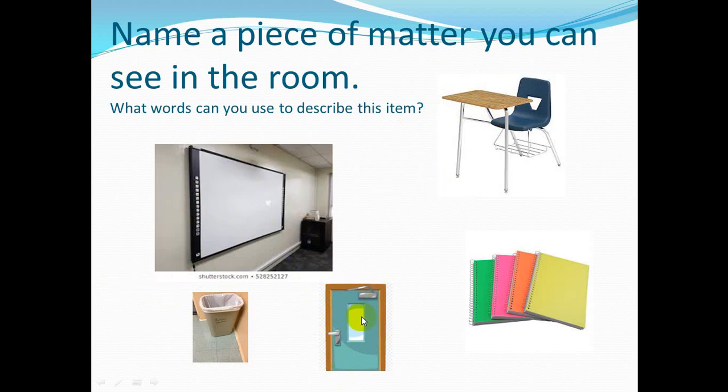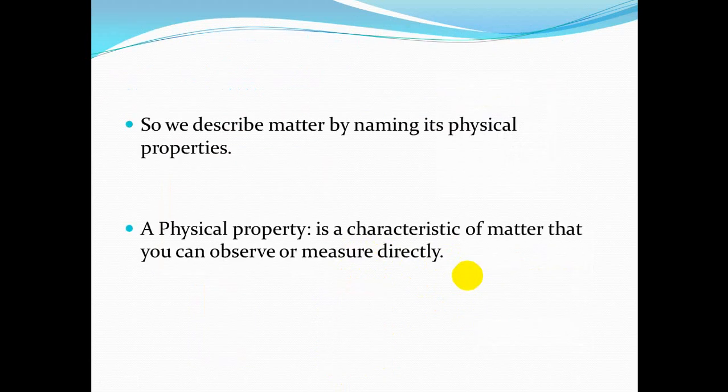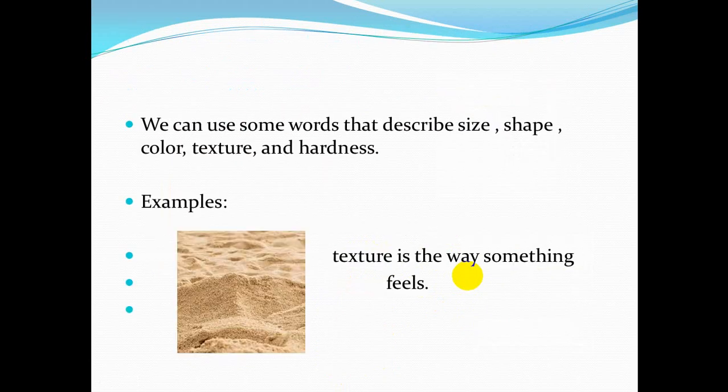All of these are characteristics that we can measure directly or observe by our five senses. So we can use some words that describe matter: size, shape, color, texture, and hardness.